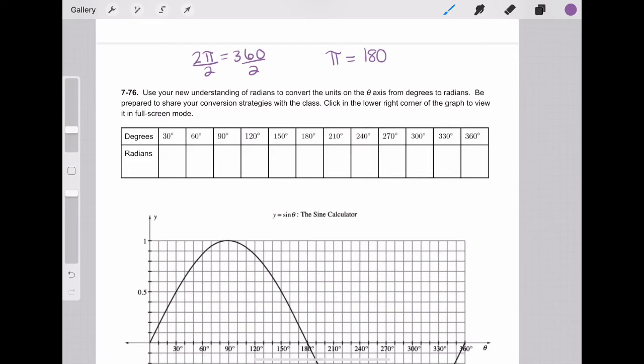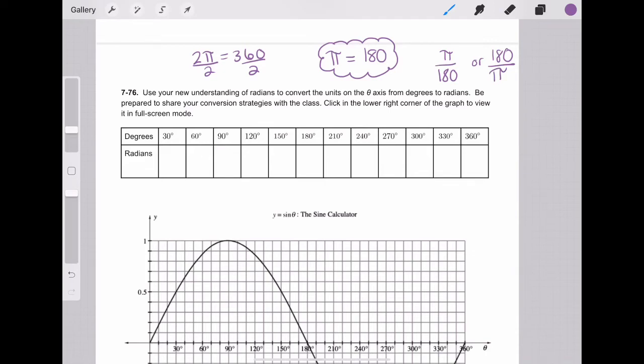Okay, so if you're trying to go from radians to degrees or from degrees to radians, you're going to be using this ratio, but it depends on whether you're going to use pi over 180 or 180 over pi, depending on whether you're going from degrees to radians or radians to degrees.